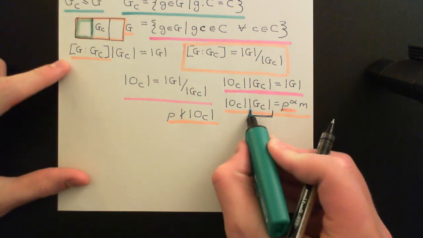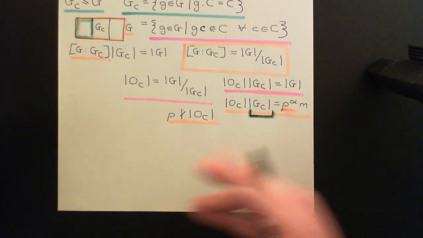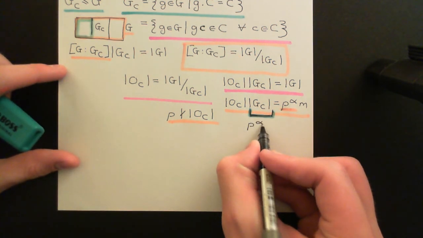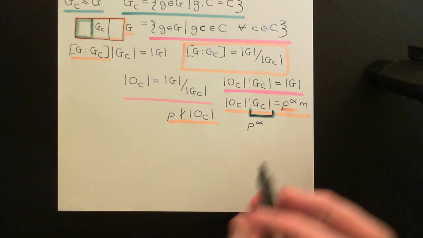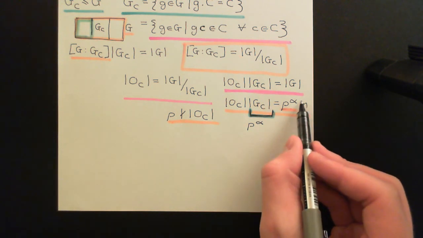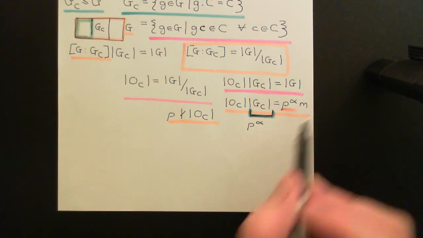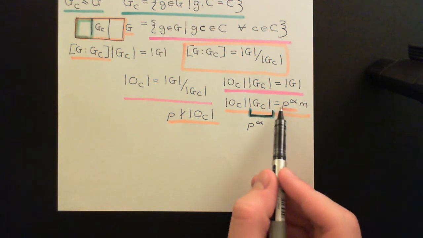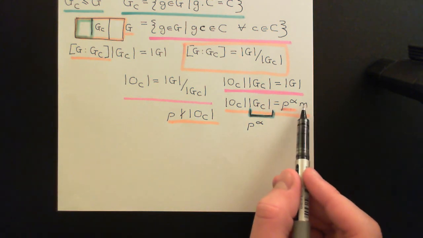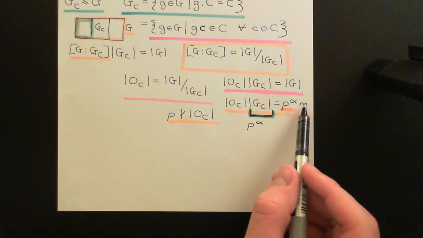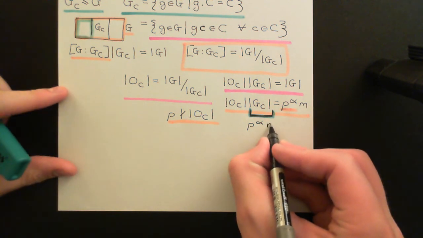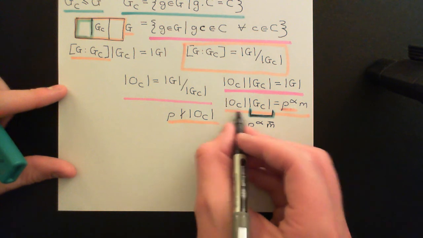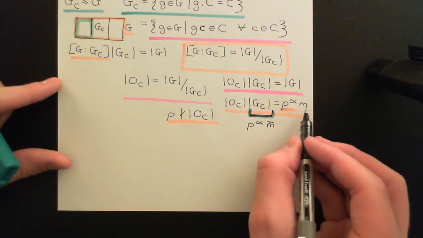What I now know is that this must contain the complete p to the power of alpha, but there's a little droop here. I don't know that it doesn't contain some of this m, which was the bit of the prime factorization of the order of the group that was left over. I don't know that it doesn't contain a portion of this, which I'll call m bar, and then the order of the orbit of C contains the rest.